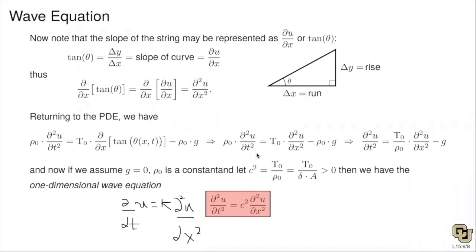So folks, do you remember when we solved the heat equation? Oh, okay, 5 minutes, good. So you remember when we solved the heat equation, where did the decaying exponential time term come from?